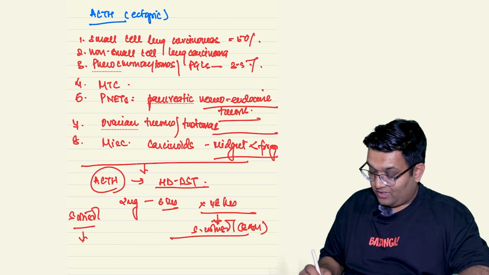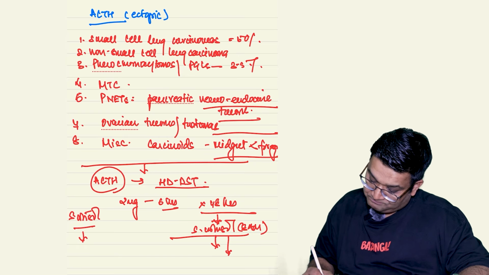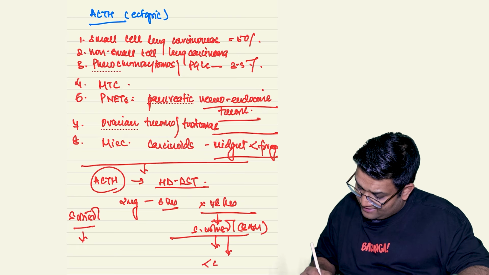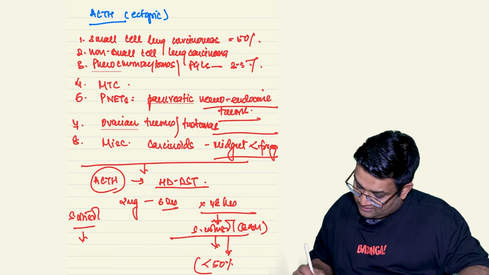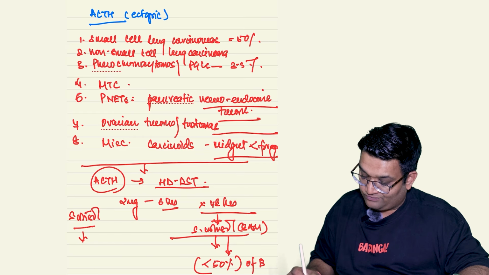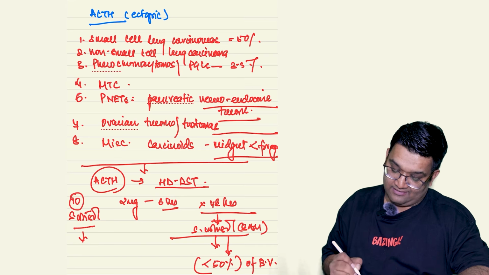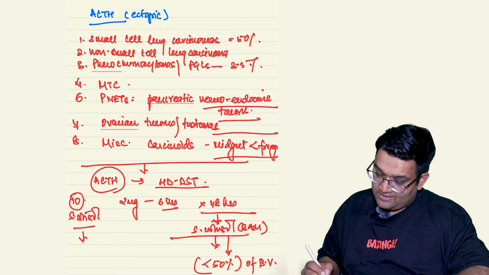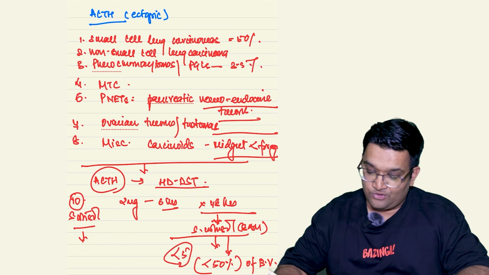So this value should be suppressed to less than 50%. Its absolute value should be less than 50% of basal value. So for example, it is 10 here, so it should be suppressed to less than 5. That's what I am trying to say.